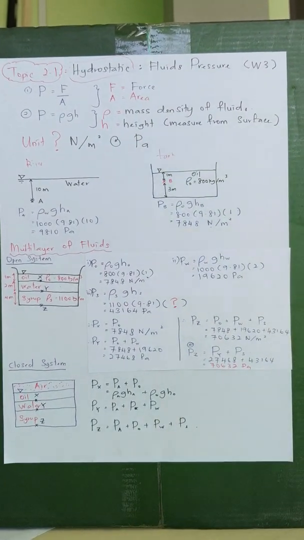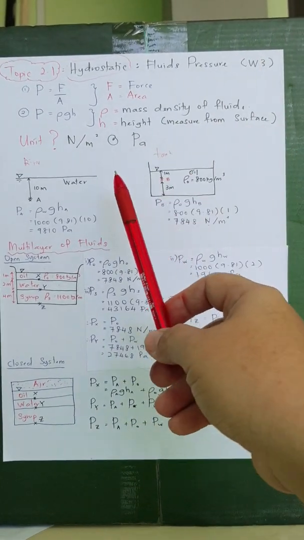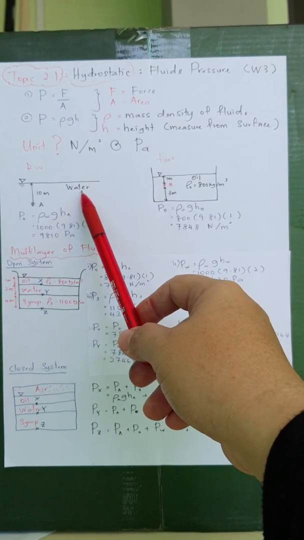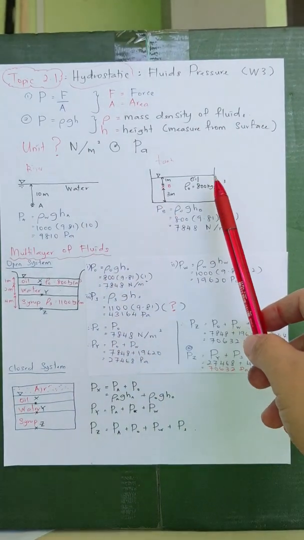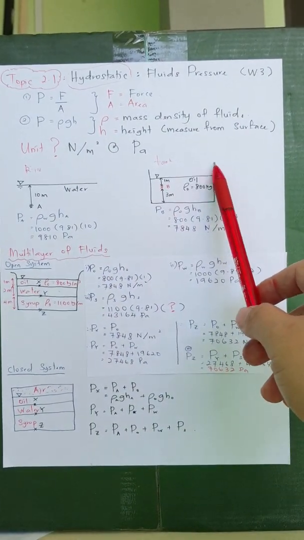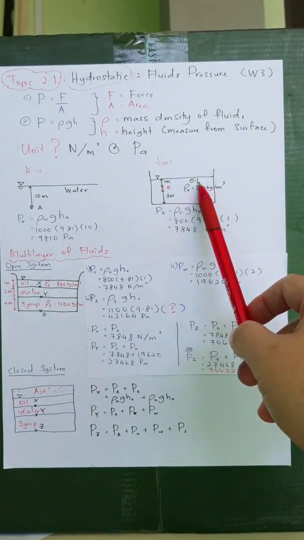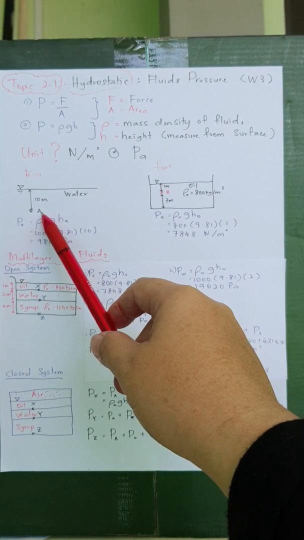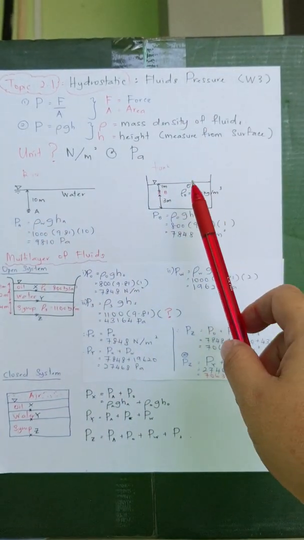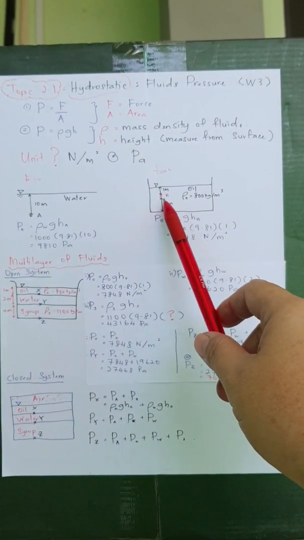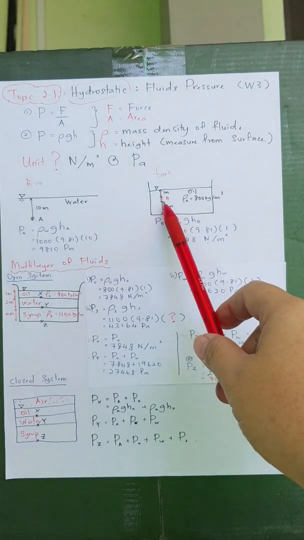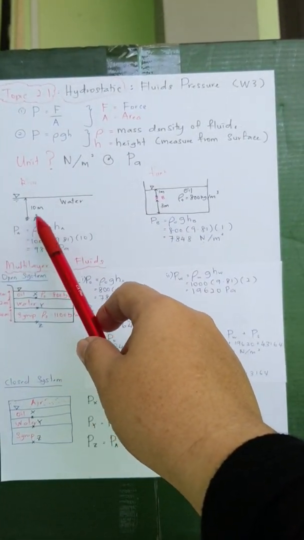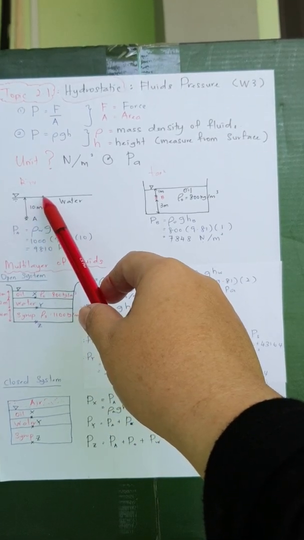Okay, for example, we have two systems. One system is in the river, where the liquid is water, and the other is a tank containing oil. I have point A in the river and point B in the tank. How do we calculate the pressure at A, which is 10 meters from the surface?